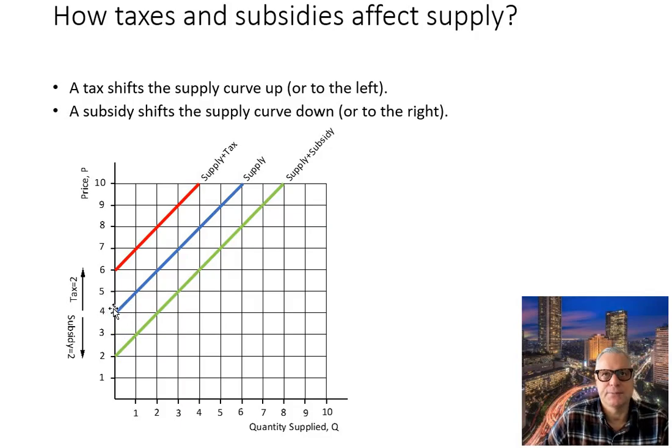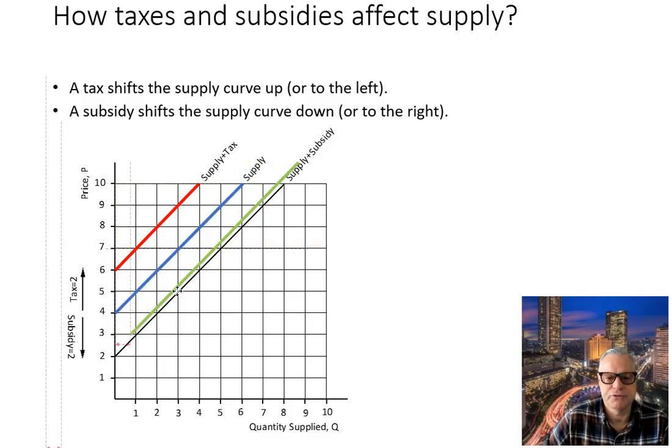That means it's like a cost reduction that shifts the supply curve, that allows the suppliers to either produce more or to produce a given quantity at the lower cost. So if you get a subsidy with our given budget, we can either produce more, or at our given quantity we can produce at a much lower cost.